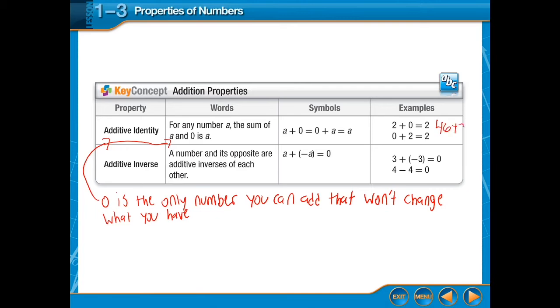You can see in the example, 2 plus 0 equals 2. 0 plus 2 equals 2. 46 plus 0 equals 46.